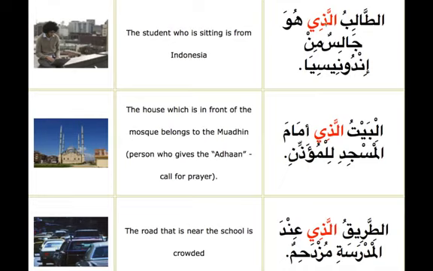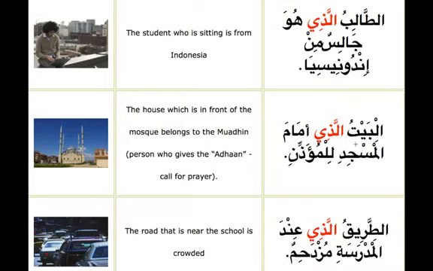At-talibu, al-mubtada, allazi is an ism mawsul. It is connected to at-talib because it is describing, so we cannot put is here. Then there is ism mawsul, there is silatul mawsul, so you cannot put is here. And after silatul mawsul, we are coming to min, so they are not connected, so we can put is. So the student who is sitting is, then that will become khabar: min Indonesia, from Indonesia.